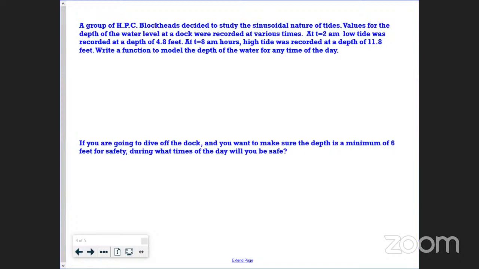I don't know if that's right. That's good work. Right on the page.